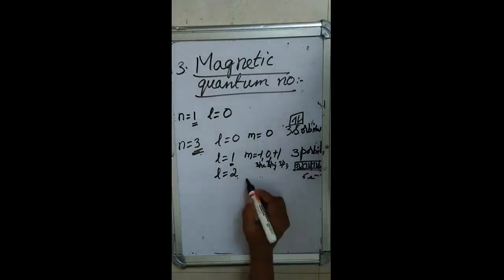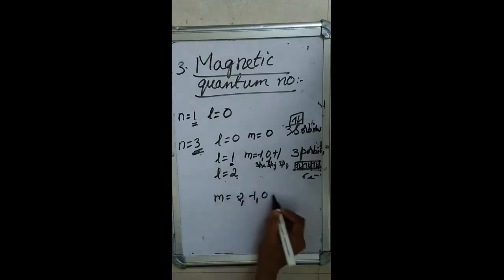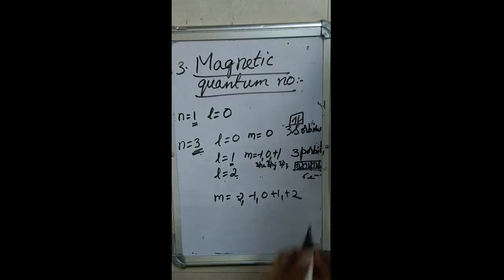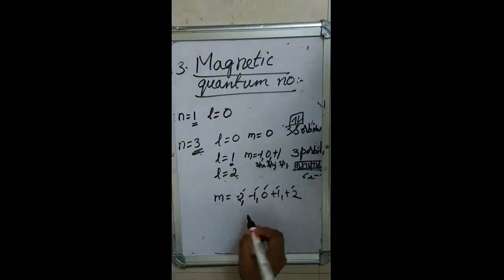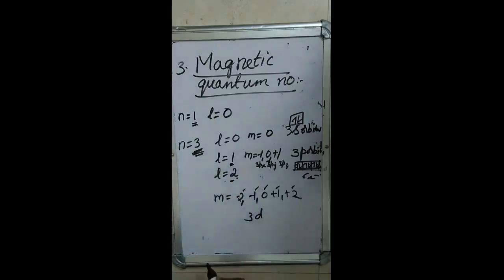Same thing here. For d, l is equal to 2, so m is equal to -2, -1, 0, +1, +2. How many values are possible? 1, 2, 3, 4, 5. Since l equal to 2 means d, and n is equal to 3, you should write a 3d orbital. How are d orbitals arranged? It is a double dumbbell.